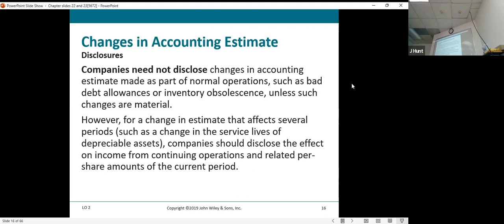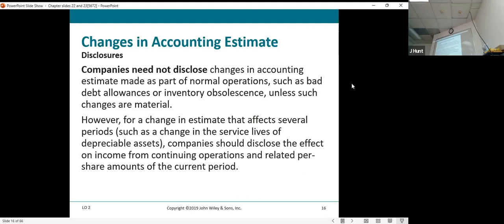When we talk about materiality, it's something so significant in the change that it could shift your income. Some companies could shift by $1 million plus positive to income. And you need to disclose when it's significant.